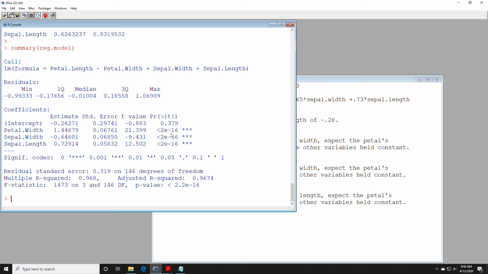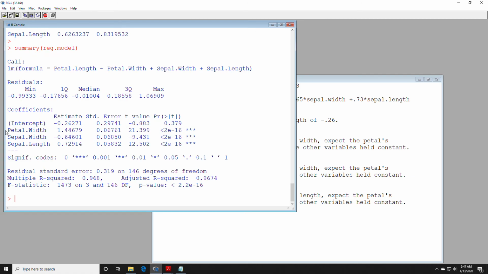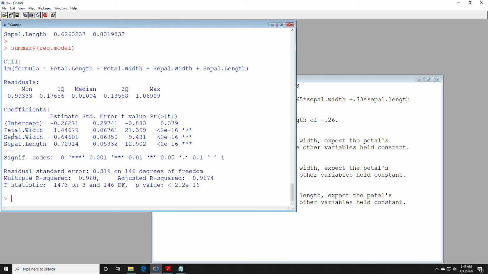What each of these p-values is testing is basically whether this variable is useful or not. But we have multiple variables now, so there's an additional statement.